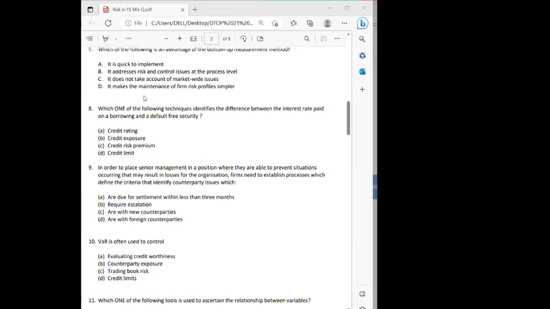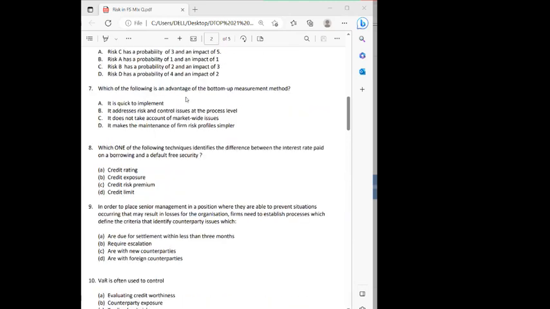Let's see. You want to confirm it? Hold on. Which of the following is an advantage of the bottom-up measure? It addresses the risk and control issues at the process level. It's an advantage. Yeah. There's another method where you go to the top. You missed that part. Okay. Okay, sir. Okay.